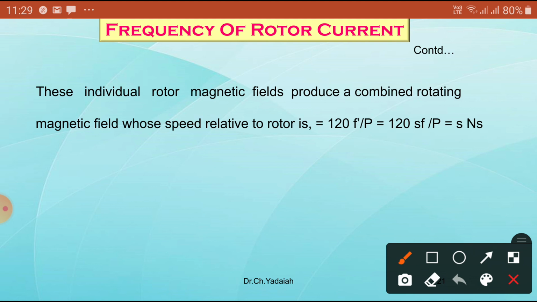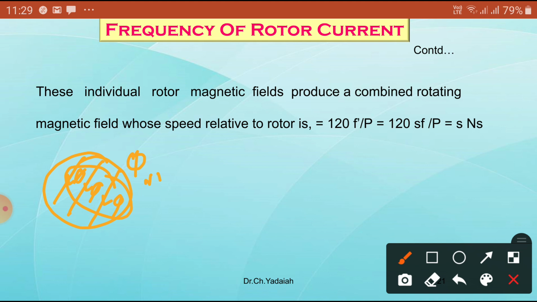These individual rotor magnetic fields produce a combined rotating magnetic field whose speed is related to the rotor. That means a rotor has R phase, Y phase, B phase bars or winding. It produces flux, and the combined flux is equal to phi R1, the resultant flux of the rotor flux.